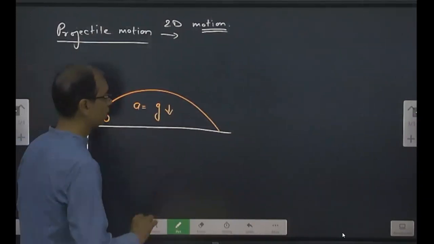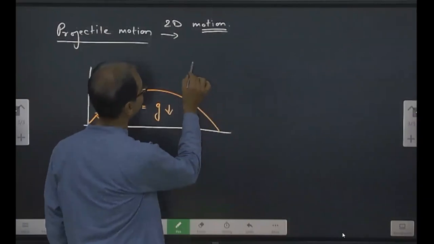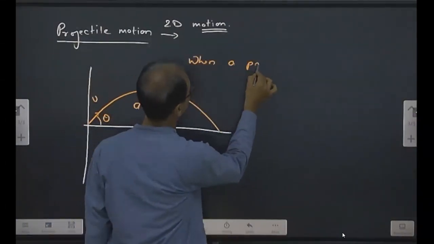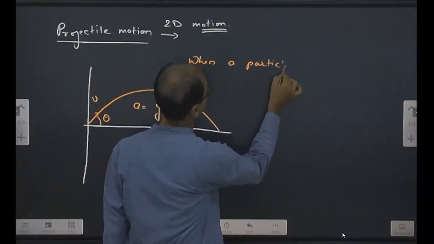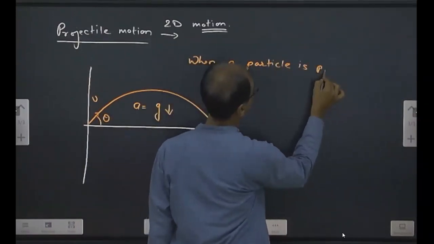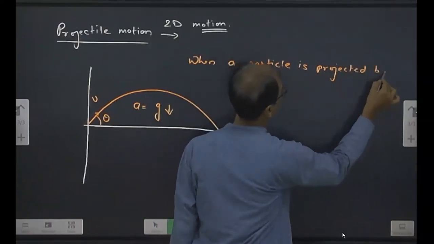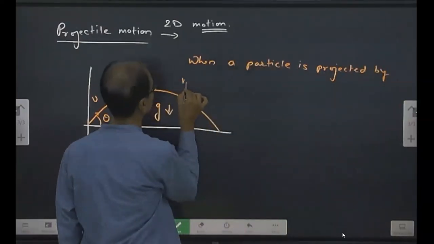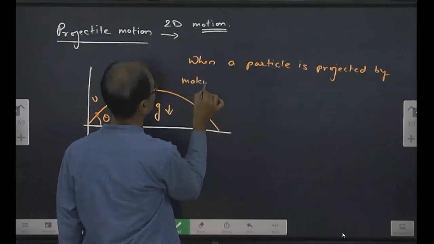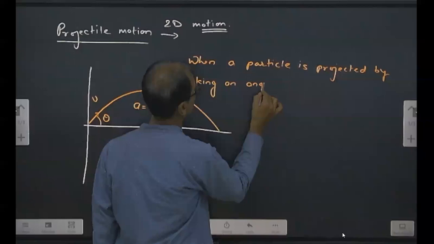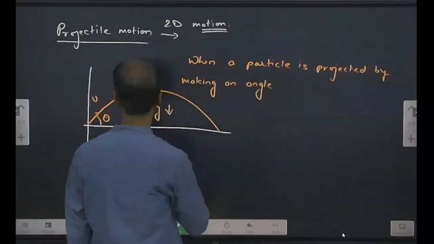Okay, so how the definition is, we'll write it. When a particle is projected by making an angle, let's say here I have taken theta.